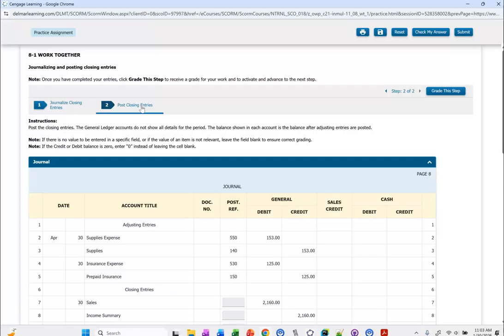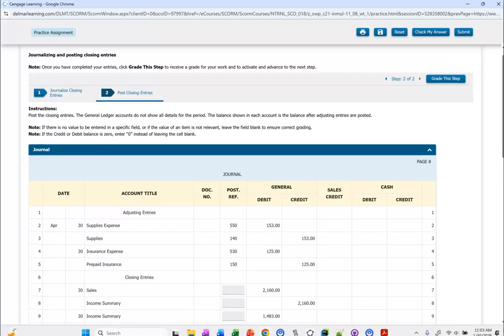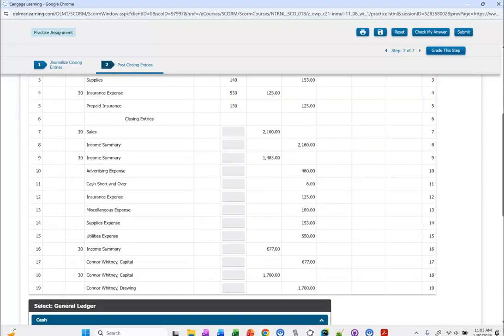So for this next part of this problem, we've added all the closing entries to our journal. Now we're going to post this by moving that information into our ledger. So on my journal, I have to add my post references.